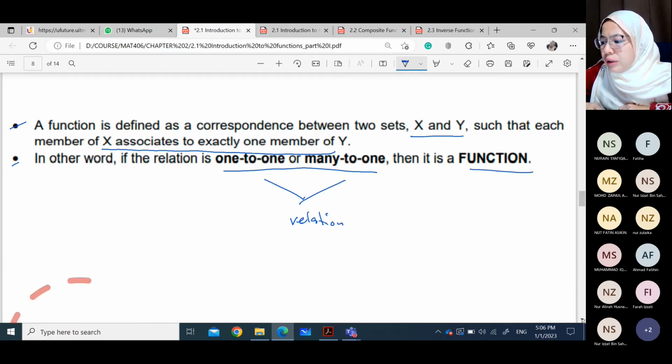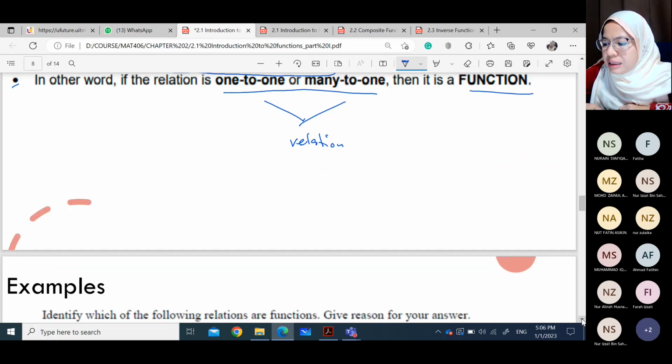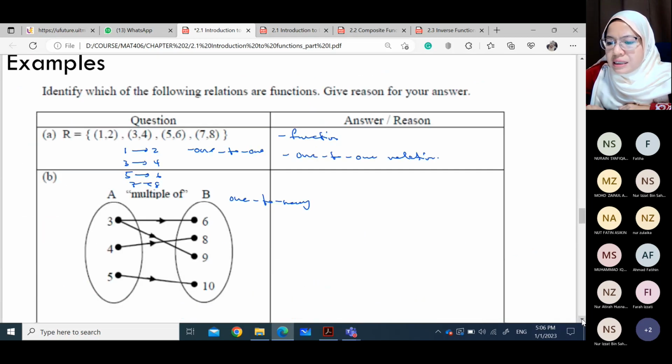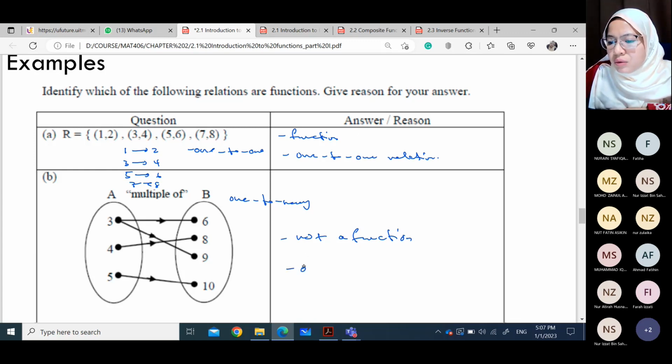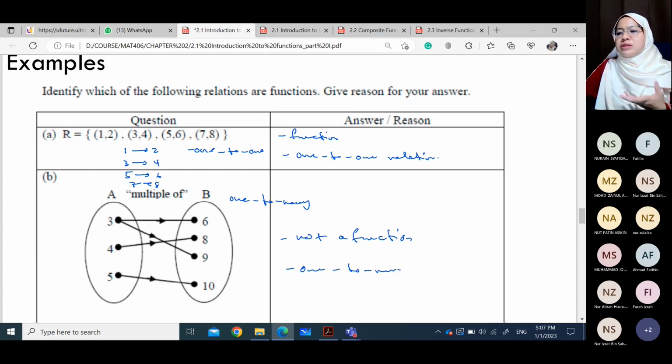So since this relation is 1-to-many, this one is not a function. The reason is it is a 1-to-many relation, and a 1-to-many relation is not a function.